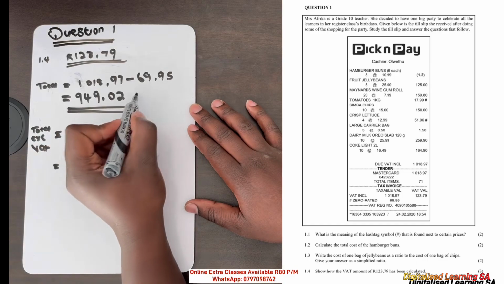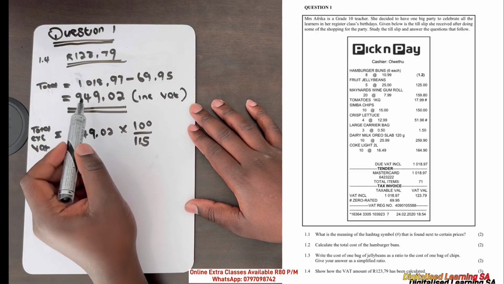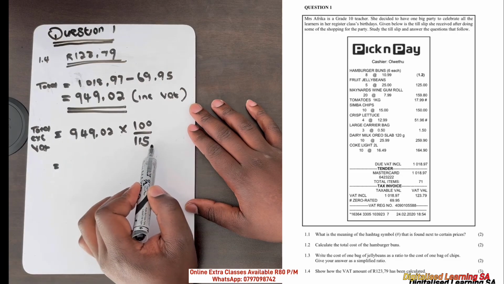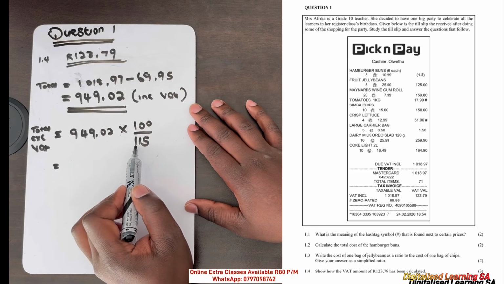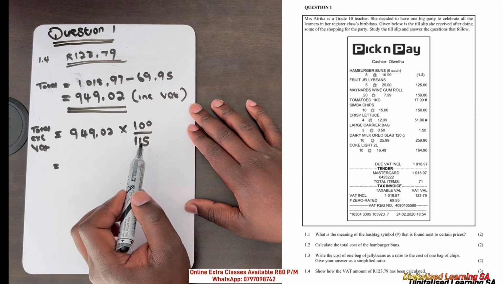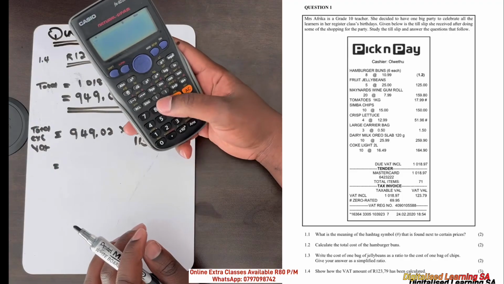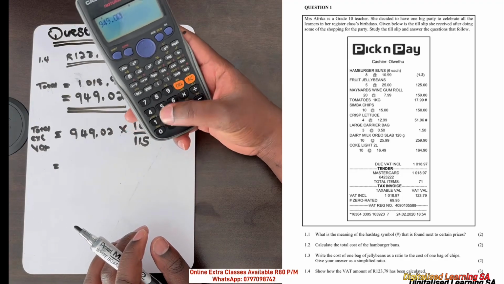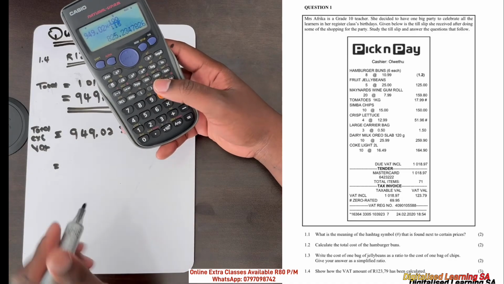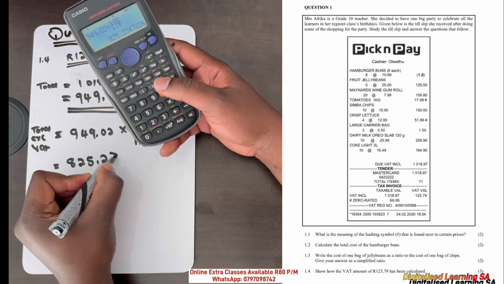This includes VAT, so we want to find the total amount excluding VAT. That's why we divide by 115. We multiply by 100 and divide by 115 because we are told that our VAT is calculated at 15%. So 949.02 multiplied by 100 divided by 115, and we will get 825.23.